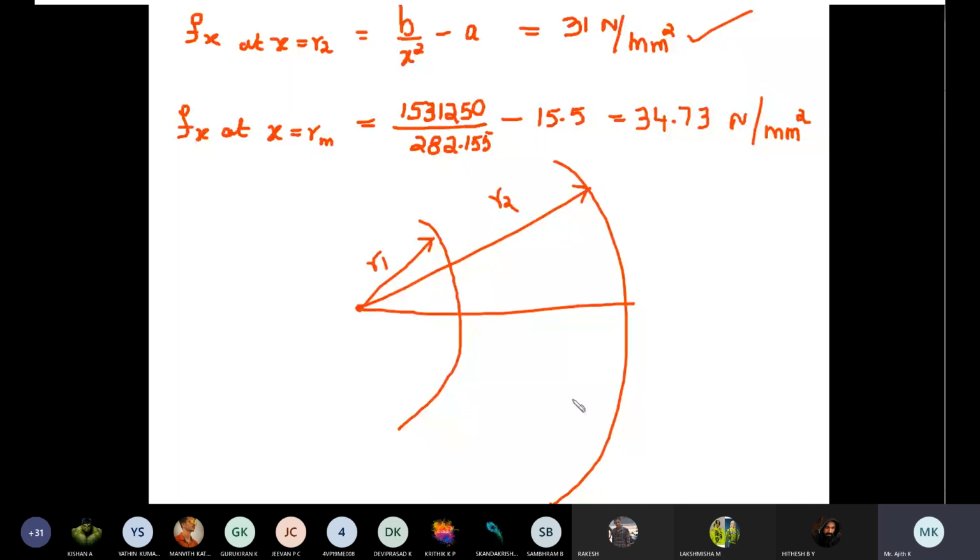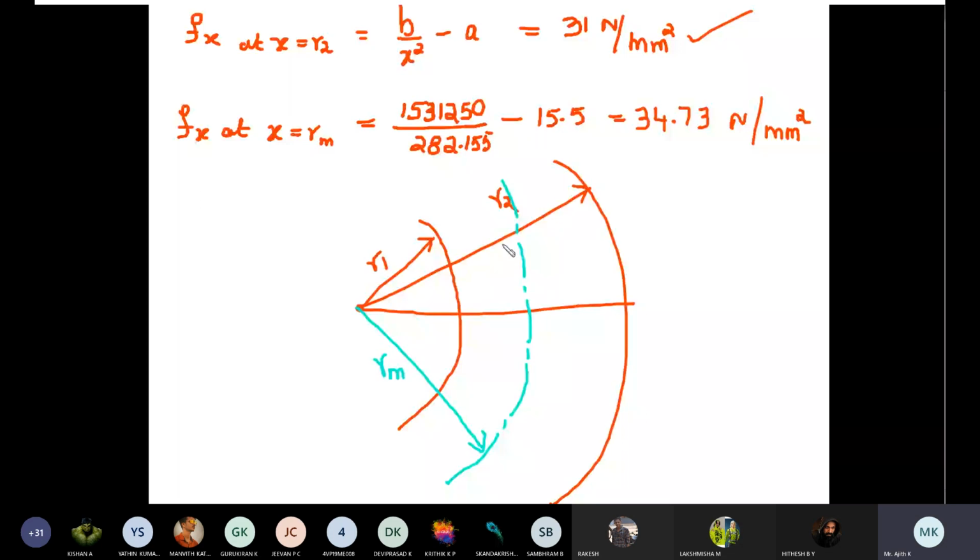Indicate the middle section. This is the mean radius, Rm. Now plotting is left. You have to plot the fx value above this horizontal and the px value below the horizontal.